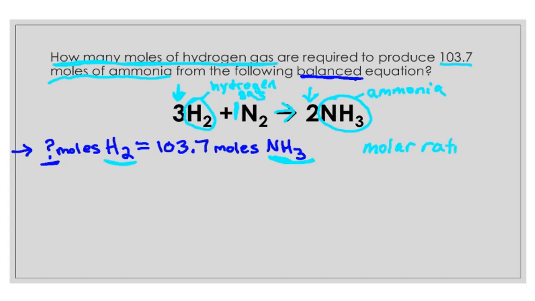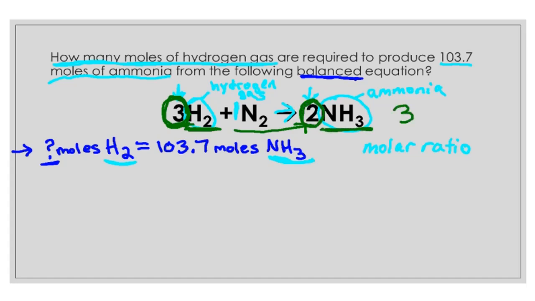Molar ratio. What I mean by the molar ratio is that for every 3 moles of hydrogen gas, that's going to yield 2 moles of ammonia.